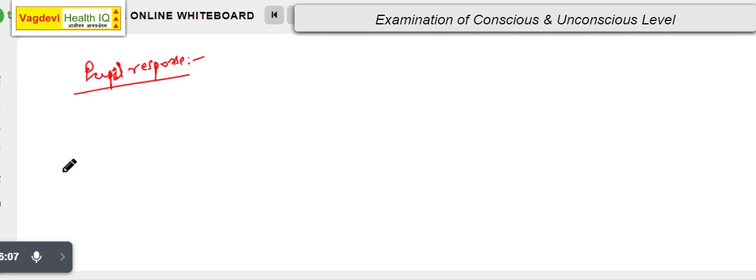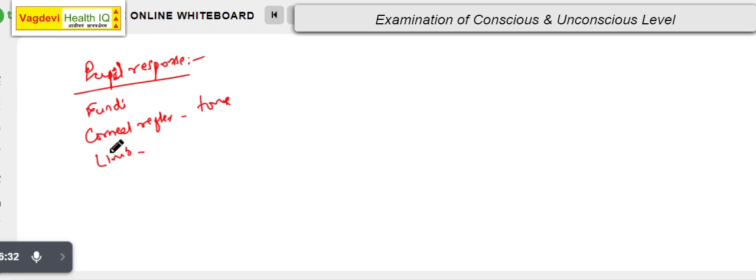So here you have to see pupil response. I mean to see fundus, then corneal reflex. I'm sure you would have seen the corneal reflex earlier. That is tone, ciliary muscles.